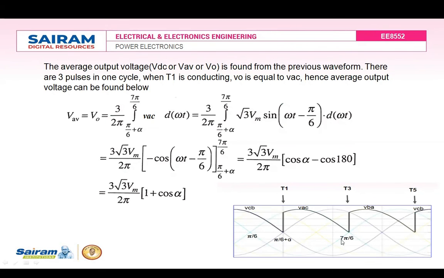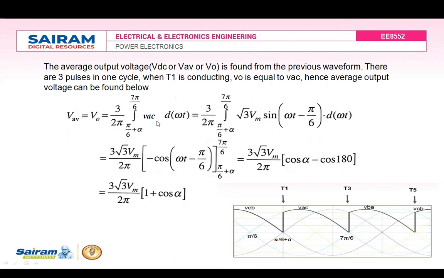This point is nothing but 7 pi by 6. During that time, V0 follows the VAC waveform. So we can take the VAC equation and integrate it between the limits pi by 6 plus alpha to 7 pi by 6.